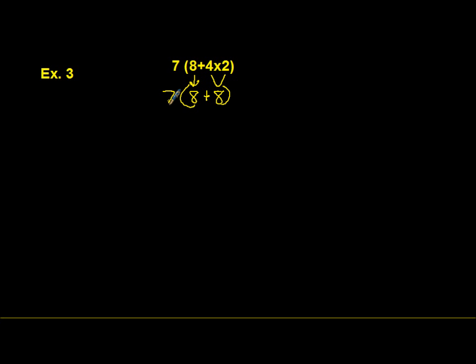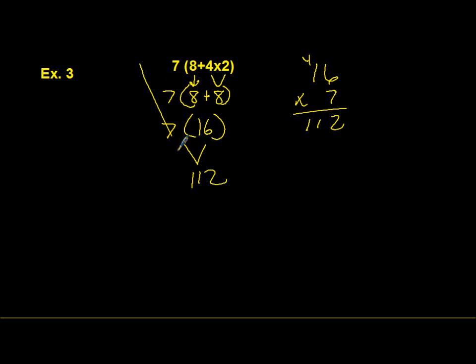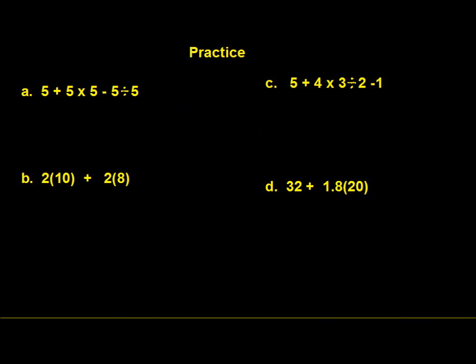And then inside the parentheses, Aunt Sally. Okay. And then we have 16 times 7. And again, kind of roughly that upside down triangle shape. Answer is 112.